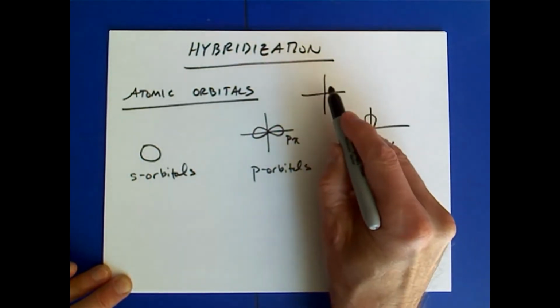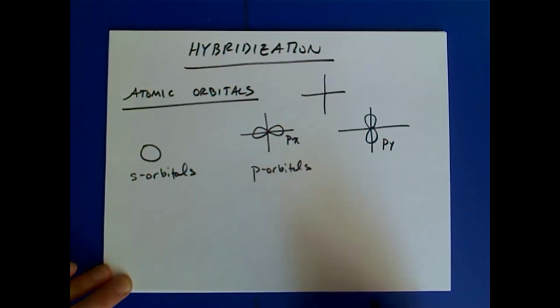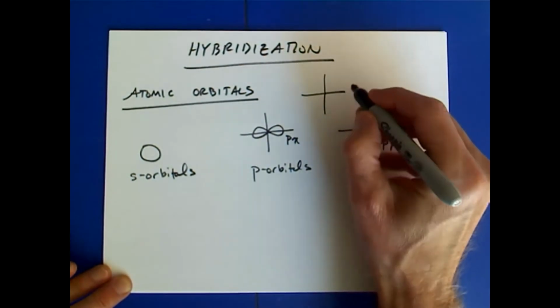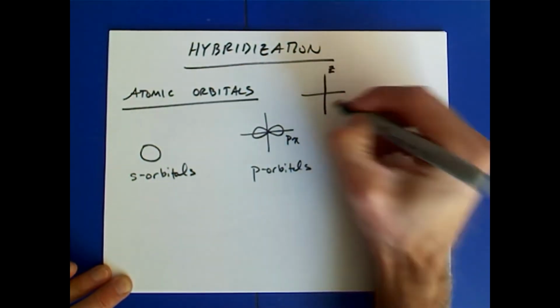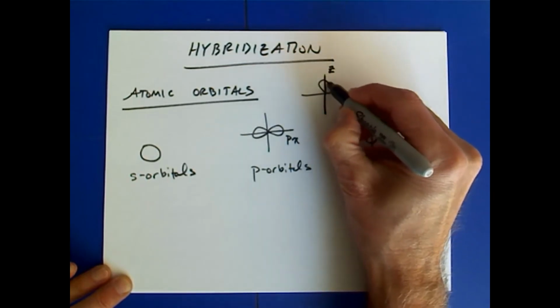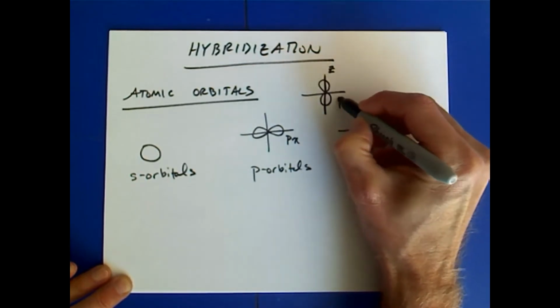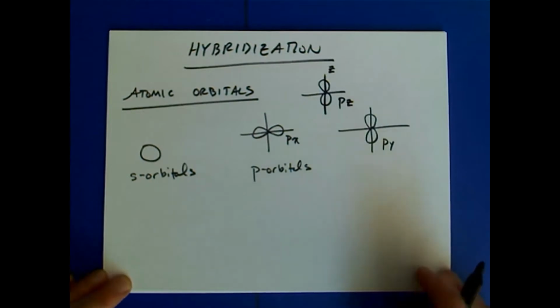There'd be a lobe above the plane of the paper and a lobe below the plane of the paper. We'd call that the pz orbital. I'll just denote that here by drawing the z-axis this way in the plane of the paper, and we'll draw the p orbital like this, and we'll call that a pz orbital.